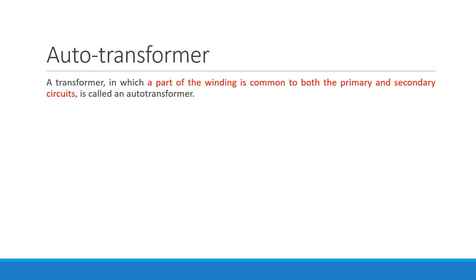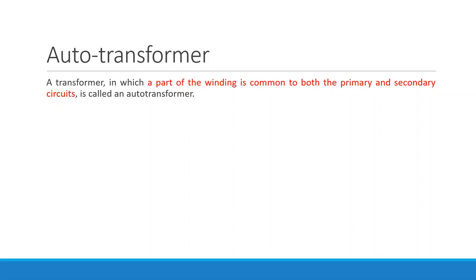Basically, auto transformer is nothing but a transformer. Okay, so how it is different from transformer, let us find out. Auto transformer is a transformer that will be having only one winding, and this one winding is going to act as a primary and secondary winding.